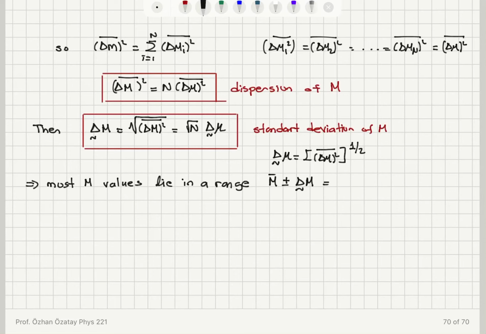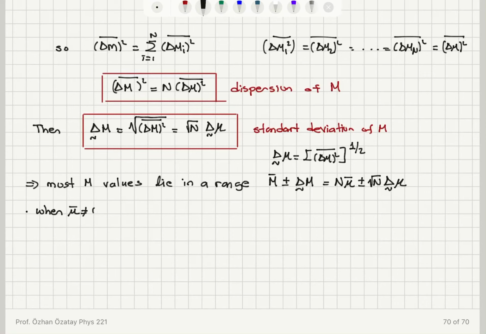That means it is equal to capital N times mu bar plus or minus the square root of N times the standard deviation of mu. Okay, so when mu bar is not equal to 0, I want to make a few observations here.